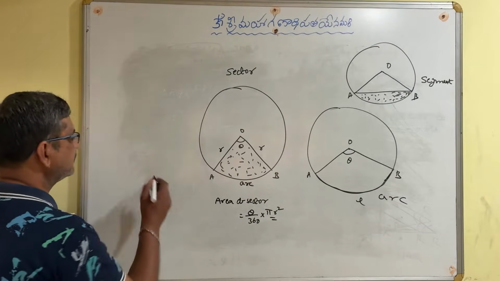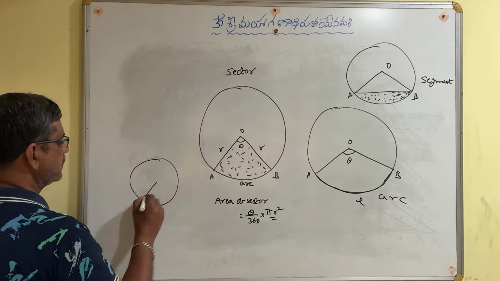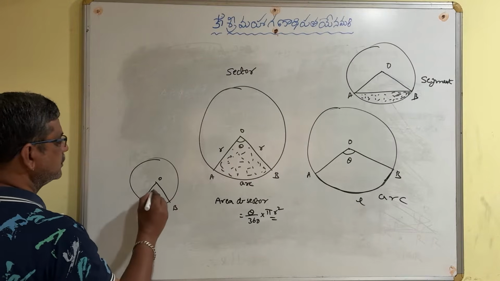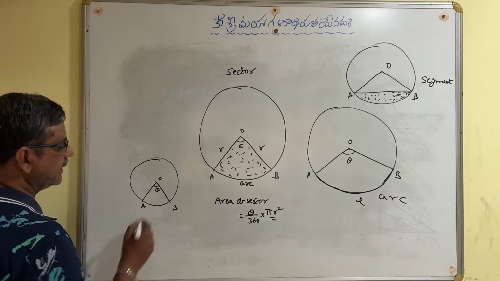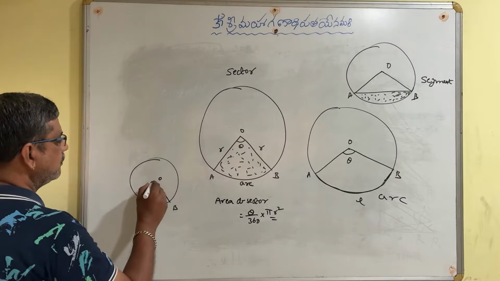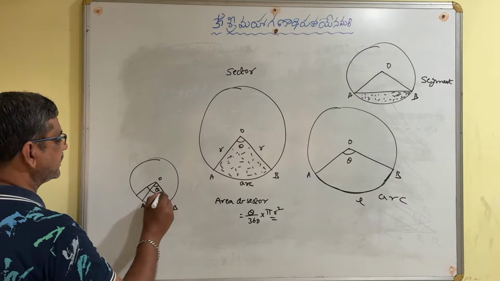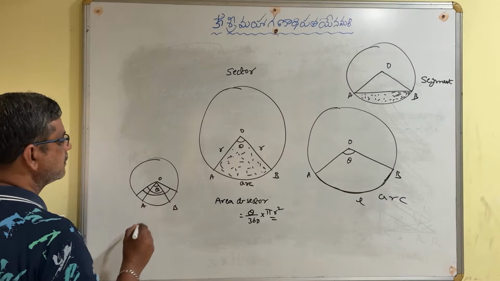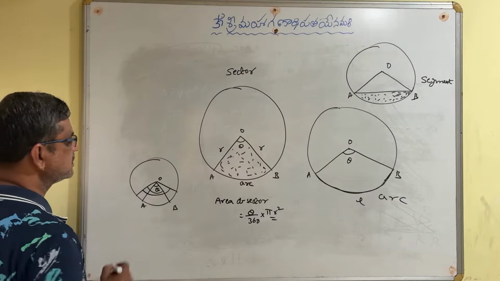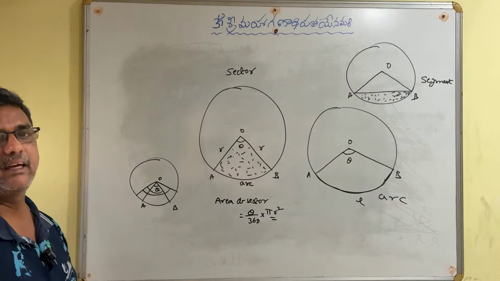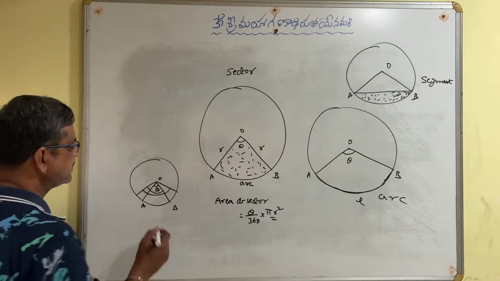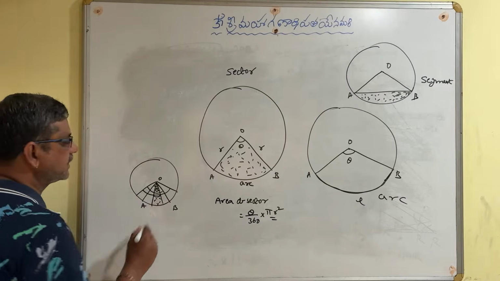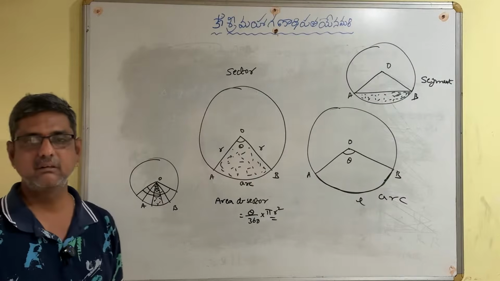We can see that one with the help of a figure. Suppose this is the sector with an angle theta. Now I am increasing the sector angle. When the sector angle increases, area of sector increases. When the sector angle decreases, area of sector decreases.